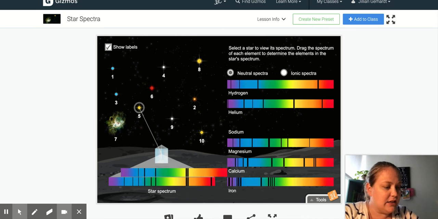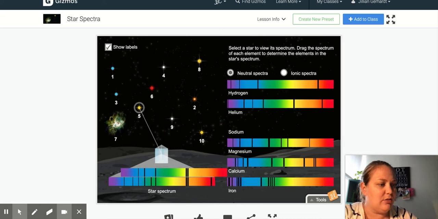So what class is that? We're going to refer back to our chart. We have yellow in color, so it tells us that it should be G. Neutral sodium and calcium. We might have ionized calcium, ionized iron, or ionized magnesium. None of that really quite seems to fit.